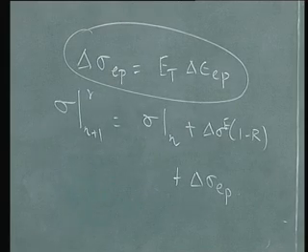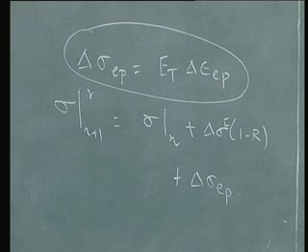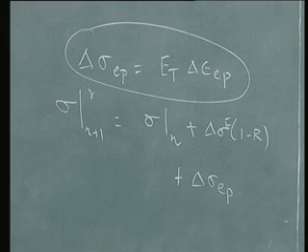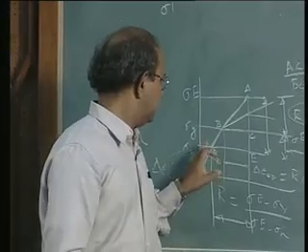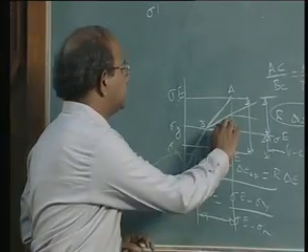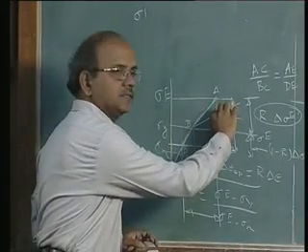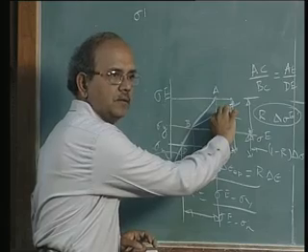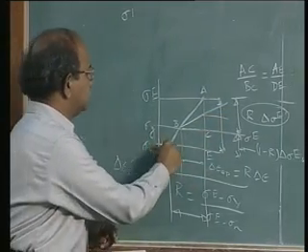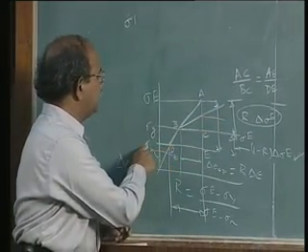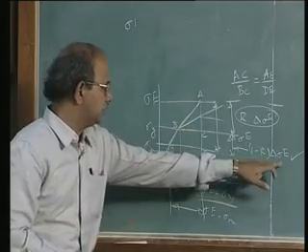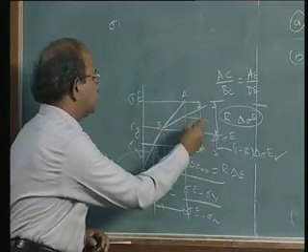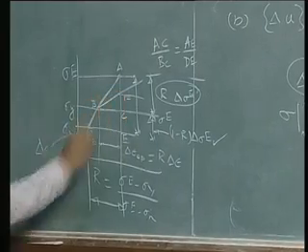Once I get delta sigma EP, then I can calculate sigma. That is sigma n plus this height, which is 1 minus R into delta sigma E, plus, let me call this position F, CF.